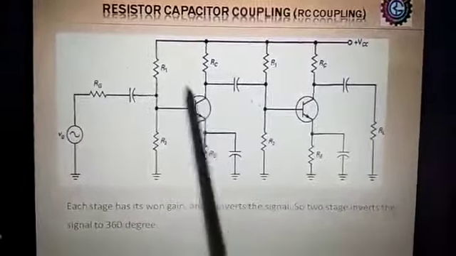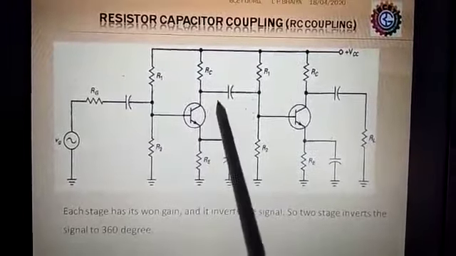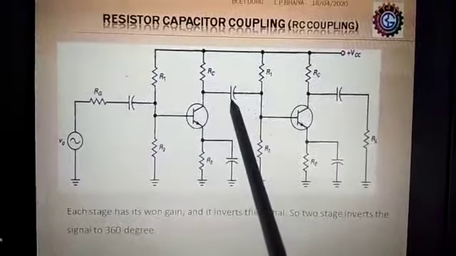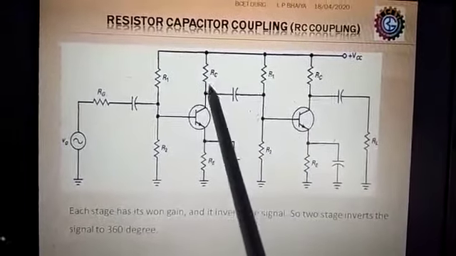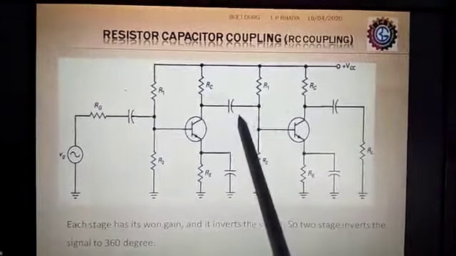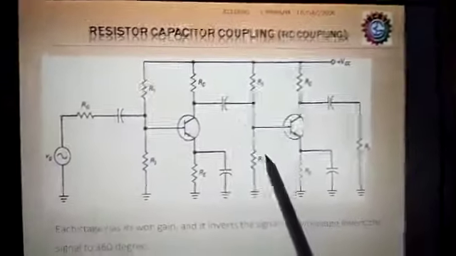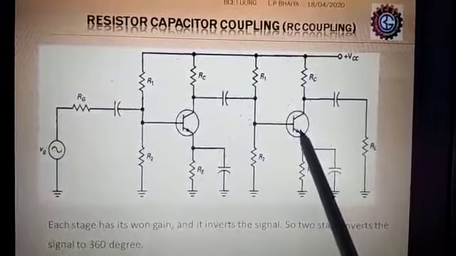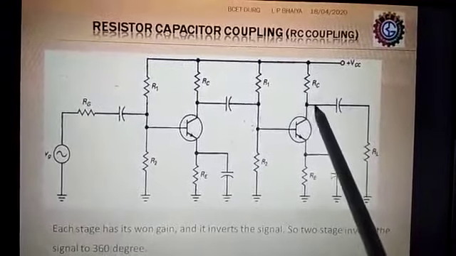So this is common emitter with voltage divider bias. Output is taken from the collector and the input is coupled by this capacitor. So this resistance and capacitor is the RC coupling. Again, voltage divider bias at the second stage of the amplifier and output is again taken from the collector.